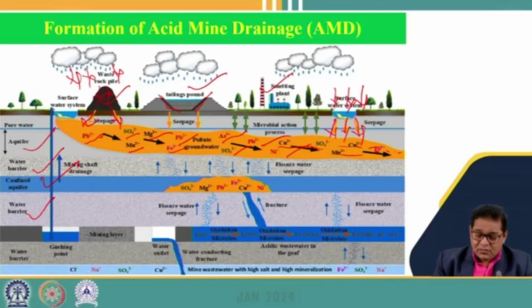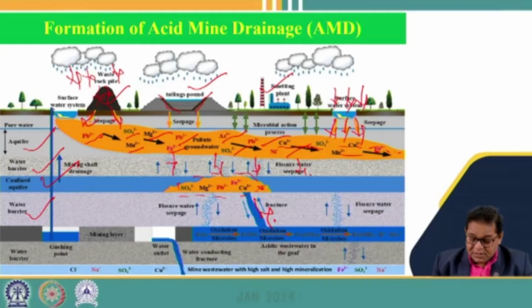Here also, because this barrier is only slightly impermeable, through whatever fissures and faults are present in these impermeable barriers water may leak out, and these contaminated metals and minerals may flow into these water bodies, and that flows through these fractures and ultimately meets the acid mine drainage which is generated at the mining phase.